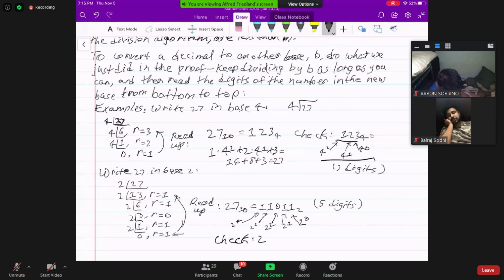We get 1 times 2 to the 4, plus 1 times 2 to the 3, plus 0 times 2 to the 2, plus 2 to the 1, plus 1. So 2 to the 4th is 2 times 2 times 2 times 2 is 16, plus 2 to the 3rd is 8, plus 2 squared is 4, plus 1.